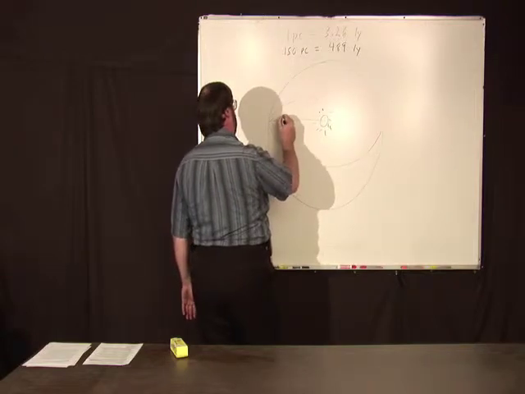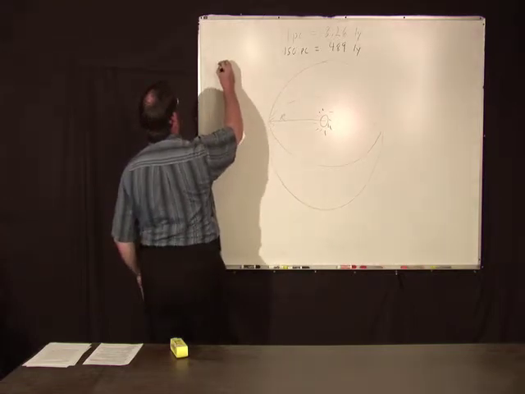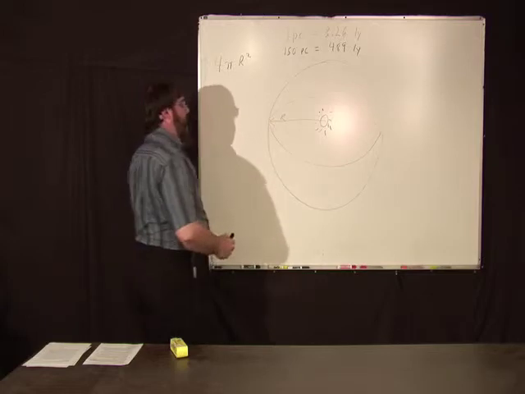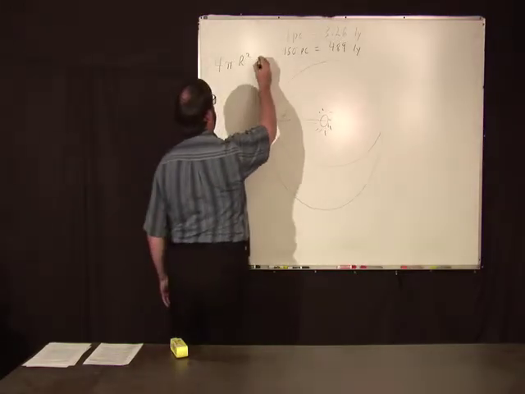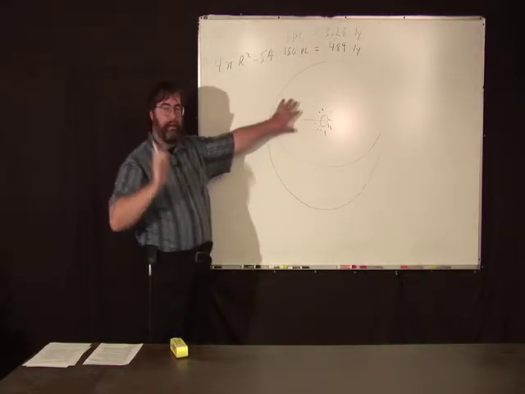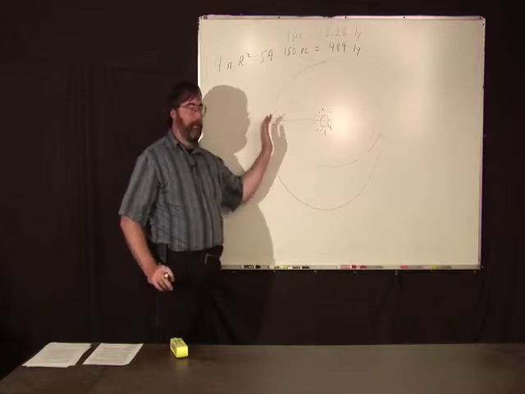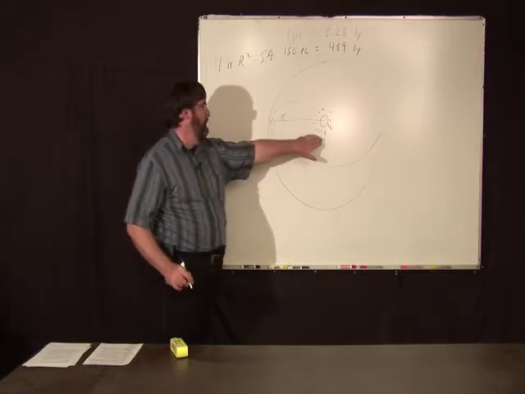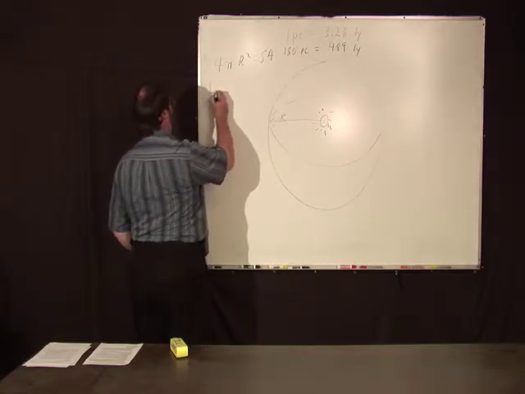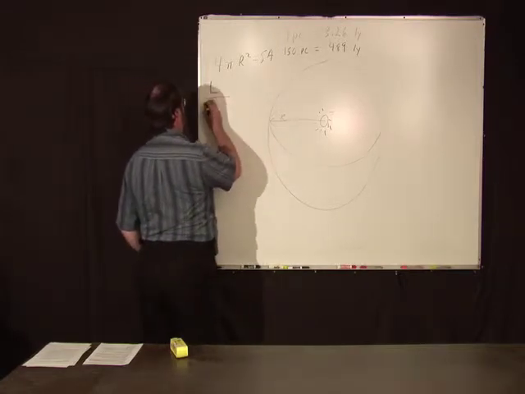The surface area of this sphere is 4 pi r squared. Well, the power per unit area hitting this sphere is something you could measure at any point on this sphere. It's the power, luminosity, we'll call that L, of the star, divided by the surface area, 4 pi r squared.